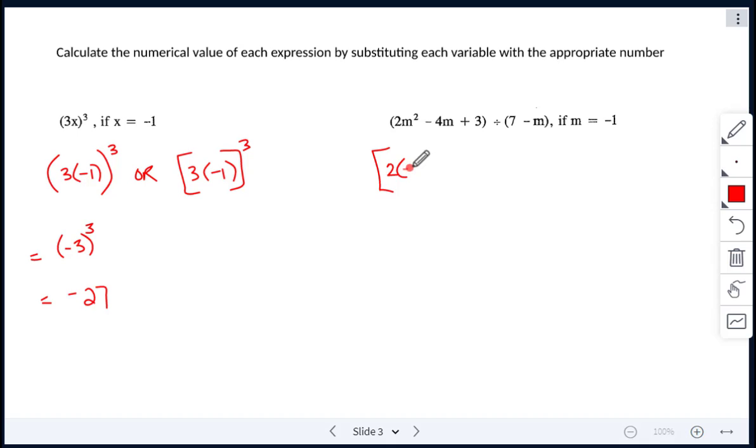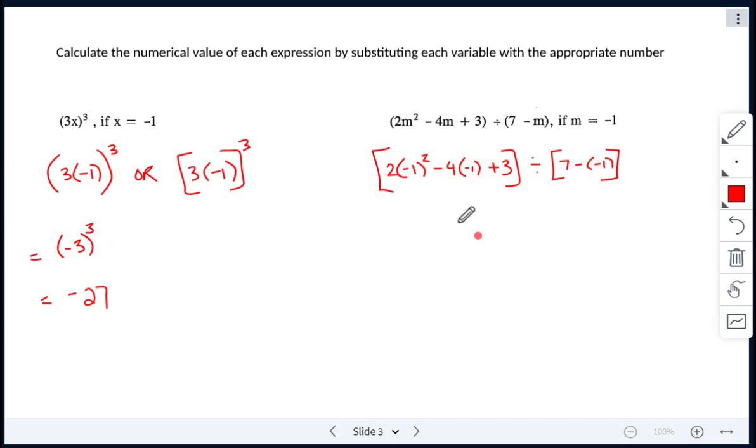So 2 times negative 1 squared minus 4 times negative 1, and then plus 3, like so, and then that is being divided by 7 minus negative 1. So it should look like that.